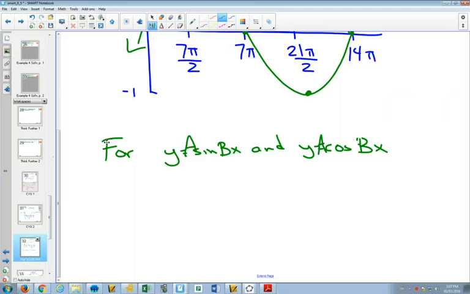And since the next number will happen in front of the x, then it was B. Then any horizontal shift will be C. Any vertical shift, we're going to use the letter.